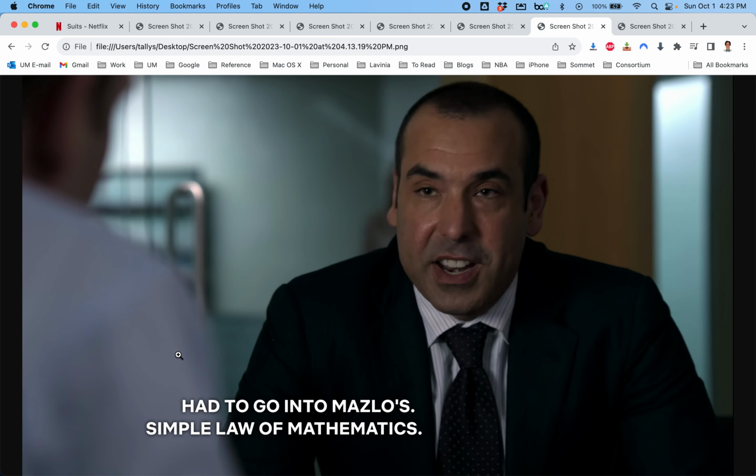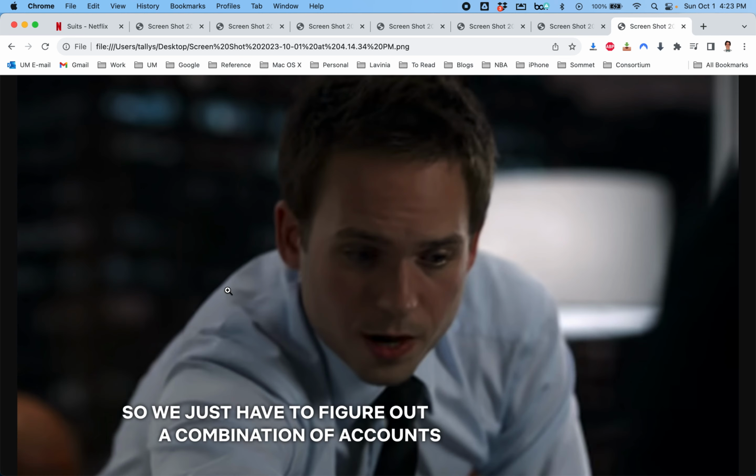They later comment that this is a simple law of mathematics: if you break something into pieces, the pieces have to add up back to the original. So we just have to figure out a combination of accounts.